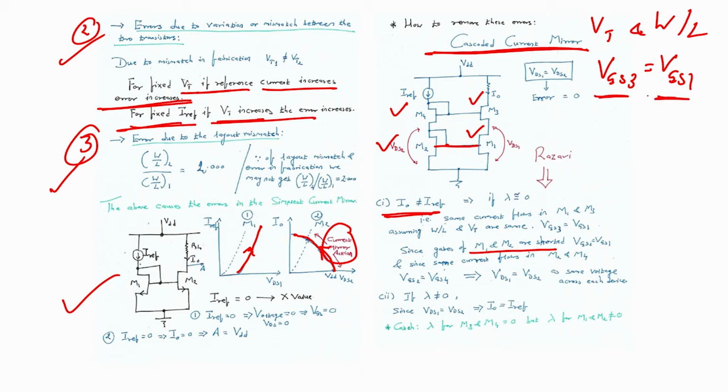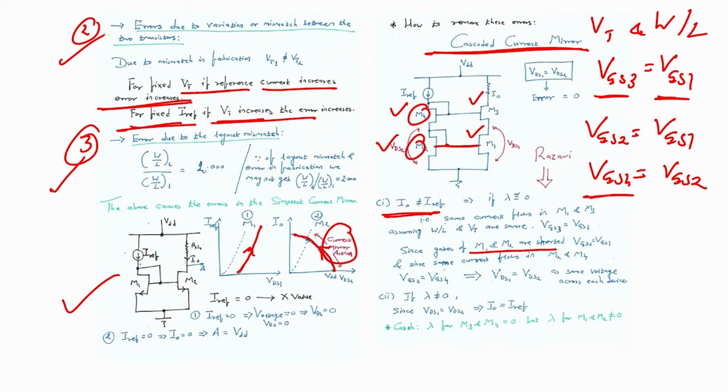Now, if VGS3 equals VGS1, since the gates of M1 and M2 are shorted, VGS2 will be equal to VGS1. Since the same current flows in M4 and M2, VGS4 is equal to VGS2.